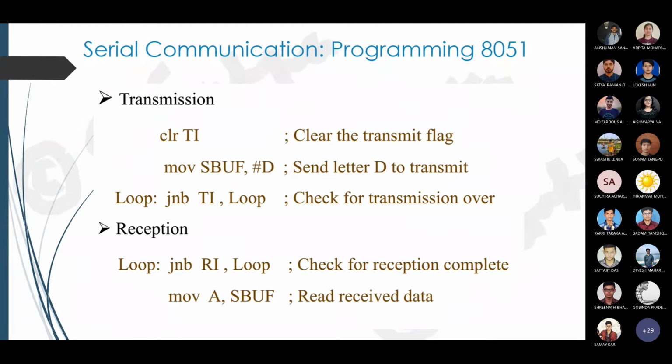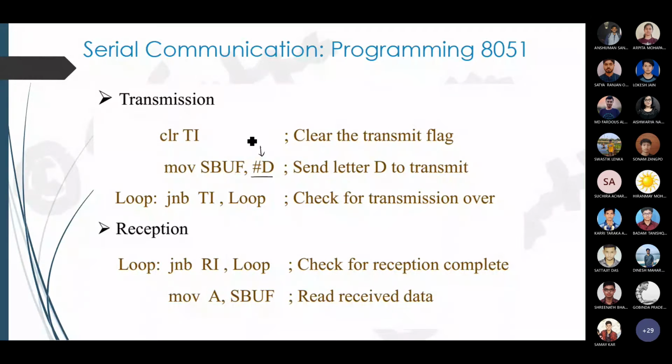And then what you need to do, you need to clear this flag and then you move to SBUF the character. So this is our character we want to send. Okay. So this will actually provide you the ASCII values of that. Okay.